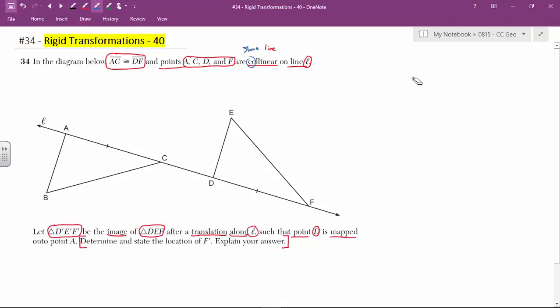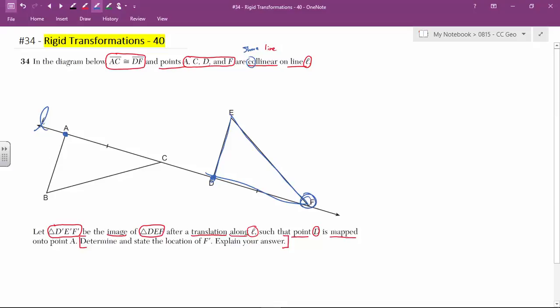Then at the bottom it says let triangle D prime, E prime, F prime, something we haven't done yet, be the image of triangle DEF, after a translation along line L, such that point D is mapped onto point A. Here's the question: determine and state the location of F prime.